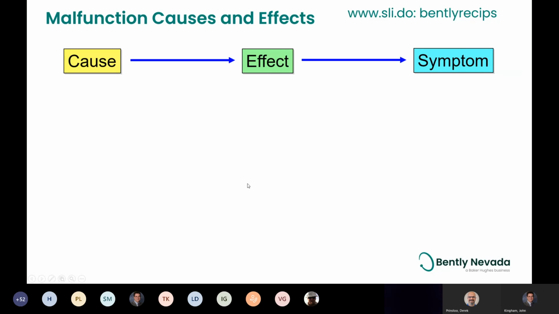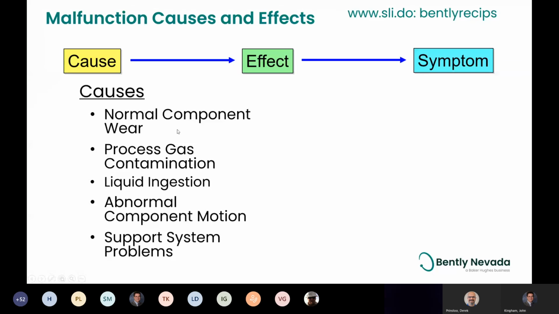So let's look at some of the malfunctions. The causes are normal component wear, process gas contamination, and liquid ingestion. We saw the effects of that in those first couple of pictures. Abnormal component motion, maybe you have excess clearance in your crosshead and it's rocking back and forth.